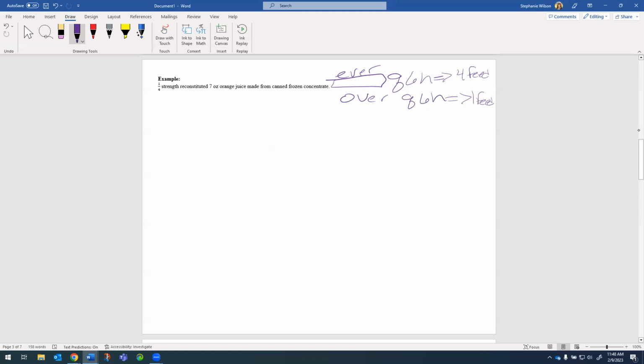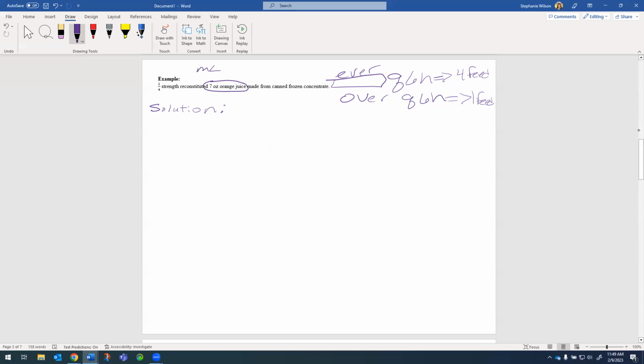I'm going to work both examples, okay? So let's figure out, what is our solution? That's going to be the easiest one to figure out. Our total solution is the 7-ounce orange juice. We want 7 ounces of orange juice. However, my final answer cannot be in ounces. It has to be in milliliters.